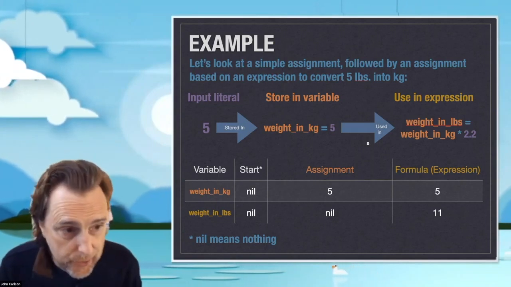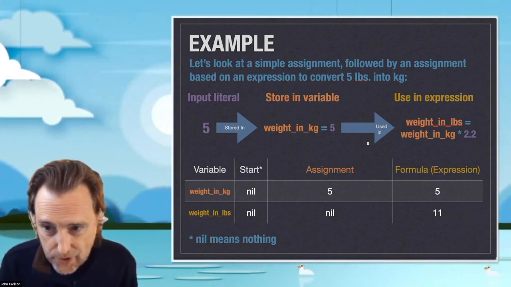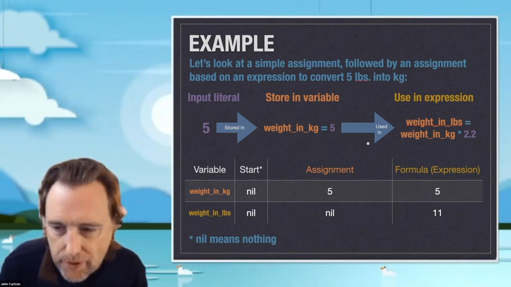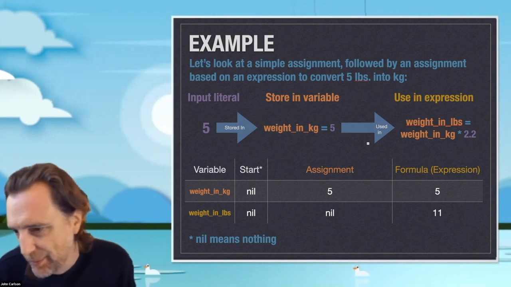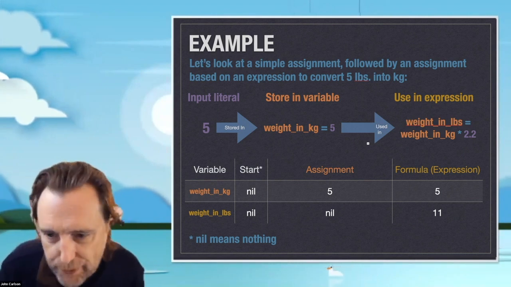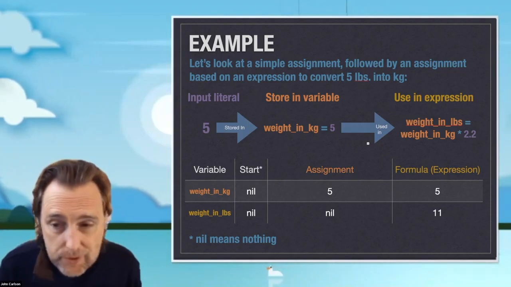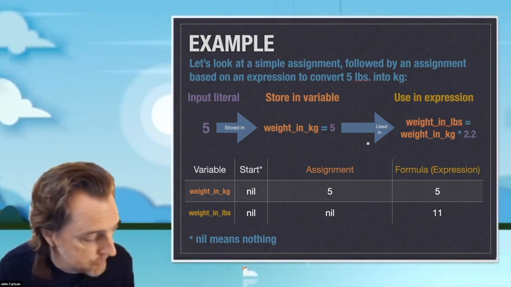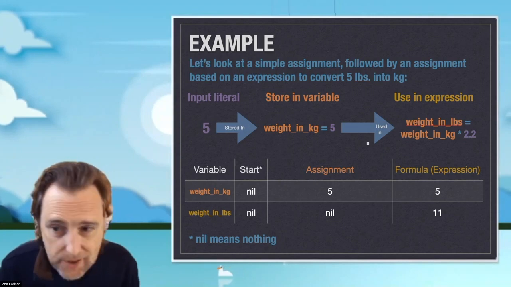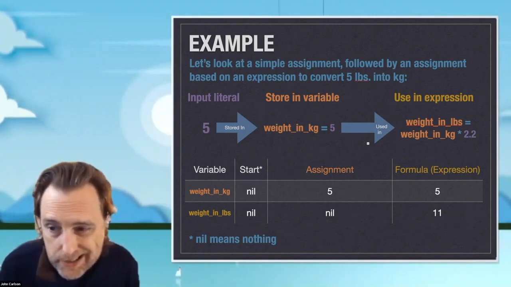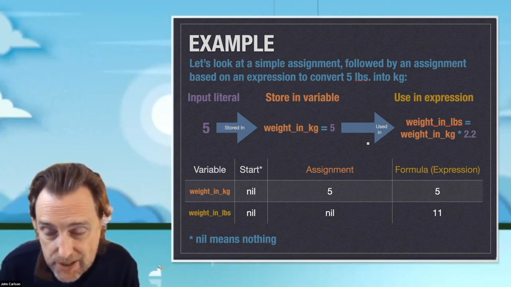And here I've color coded it, so the literals are purple, variables are orange, and the formula or the expression, I'm trying to use gold, but not very effectively here. So if we had a literal number, let's say 5, and we needed to store it, we could store it in a variable. I've called the variable here weight in kilograms, or weight in kg.